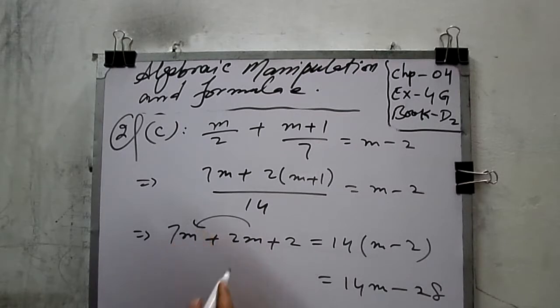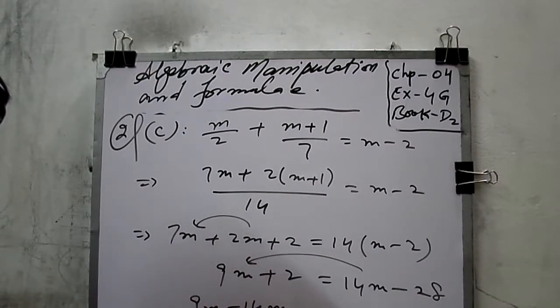So the similar terms you will get 9m plus 2. So once again similar terms will be shifted at one side, that is minus 28 minus 2, so we will get minus 30.